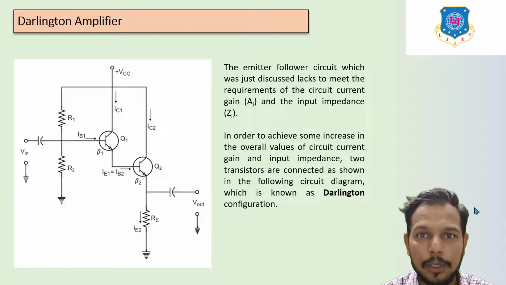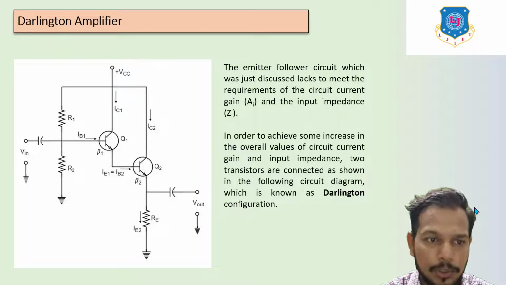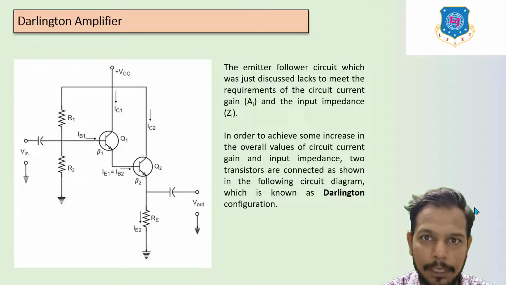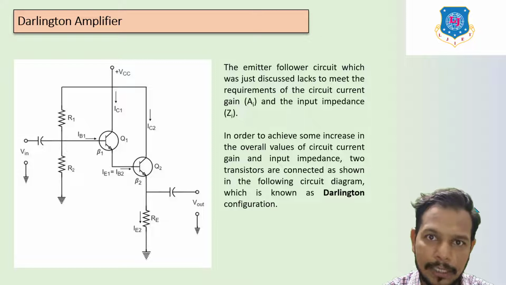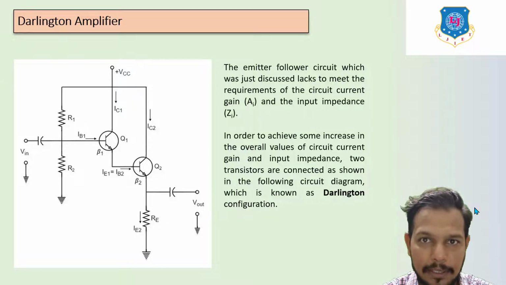Whenever you do DC analysis, the capacitor is removed, and you just have to apply KVL; from that equation you get the result. For AC analysis, you have two types of models: the pi model and the T model.